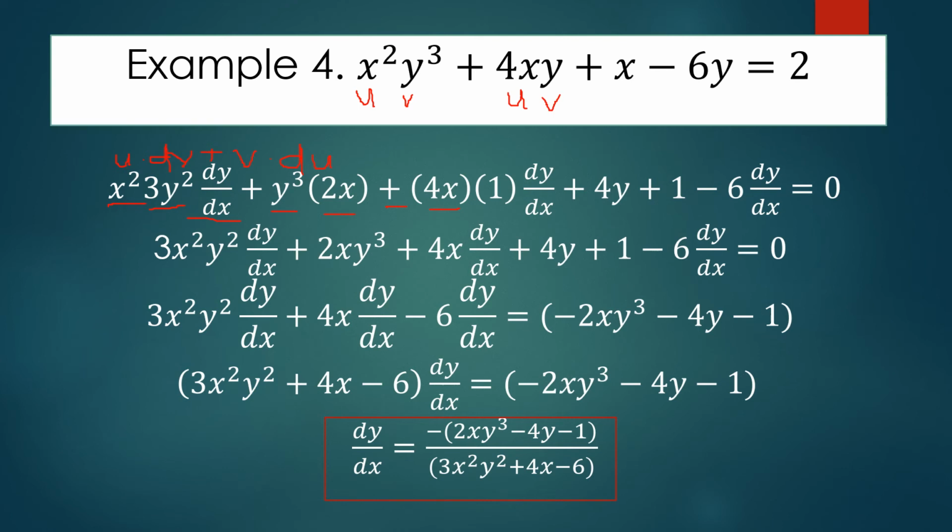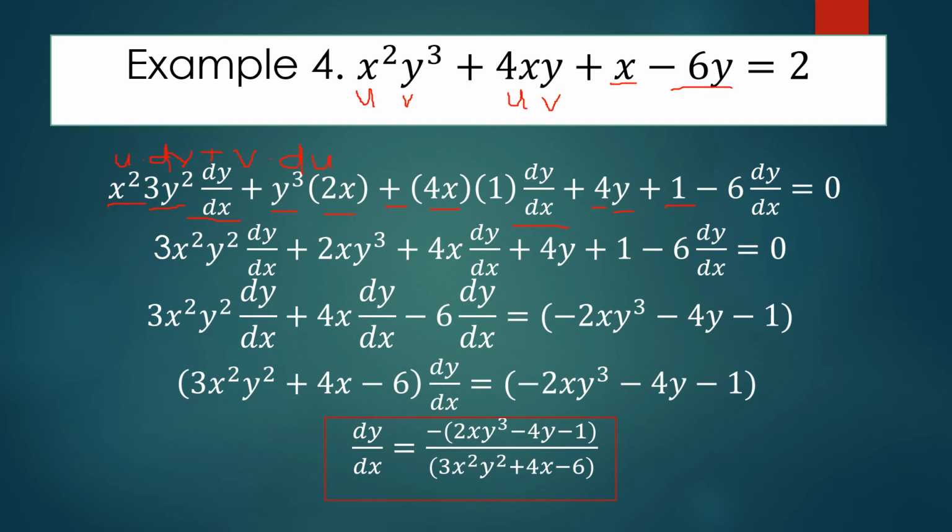Again, it is a y variable, so put dy over dx plus v, ang v natin is y, times the derivative of u, 4. Okay, so we have 4y plus the derivative of x is 1.